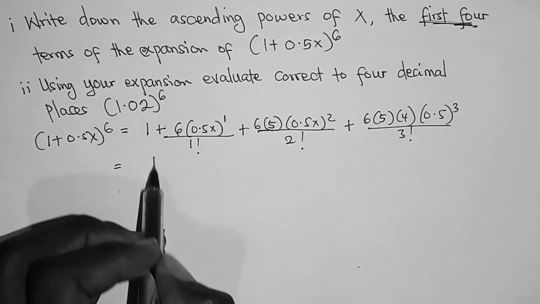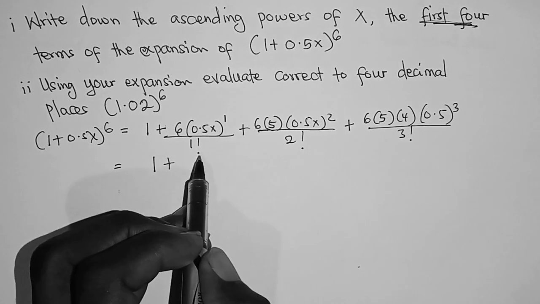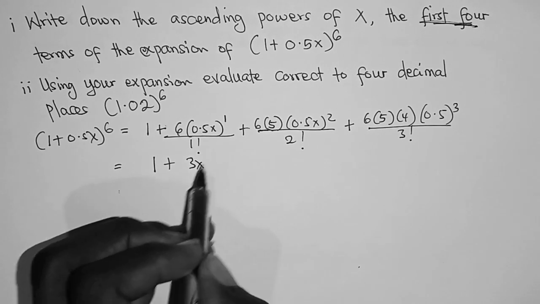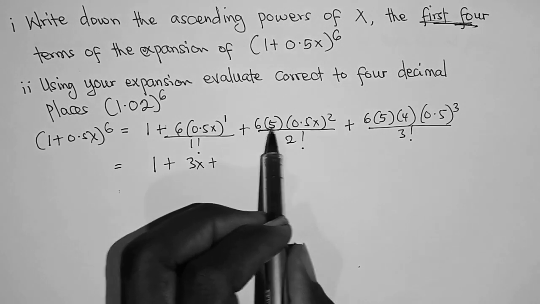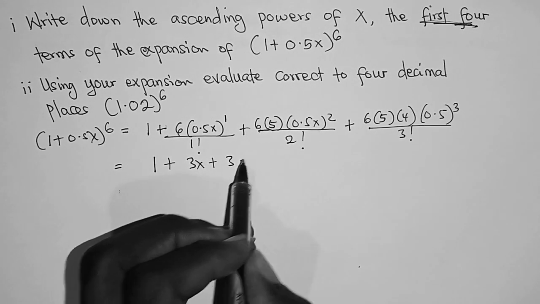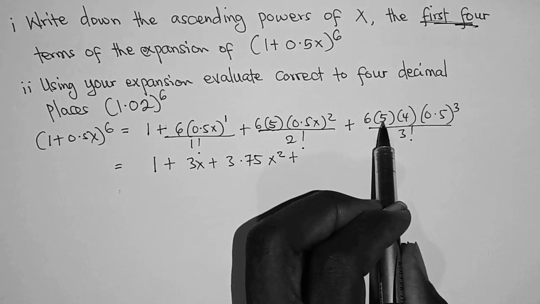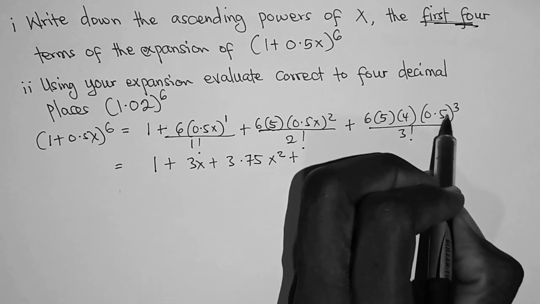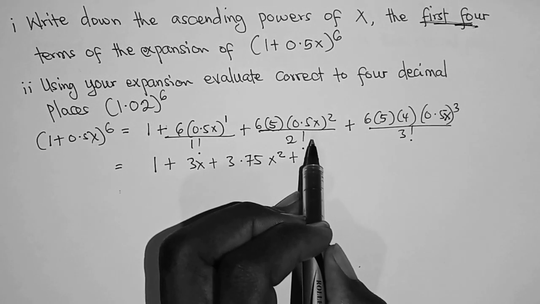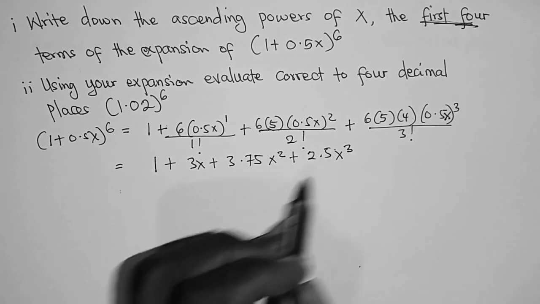Now, this is equal to 1 plus 6 times 0.5, which is equal to 3, so here is 3x, then plus 6 times 5 times 0.5 squared divided by 2 factorial, which is 3.75x squared, then plus 6 times 5 times 4 times 0.5 cubed divided by 3 factorial, which is 2.5x^3.